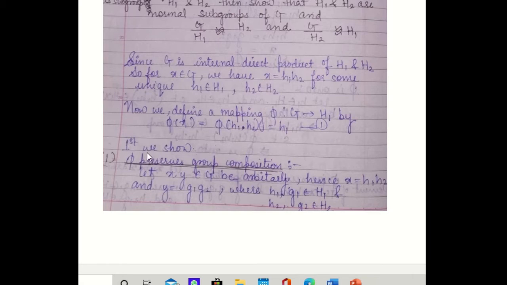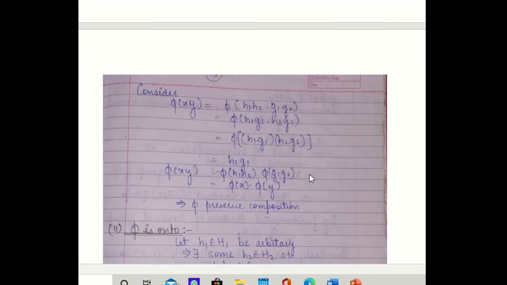So firstly, we show phi preserves group composition. For that, let x and y be any two arbitrary elements of G. So that implies x equal to h1 h2, and y equal to g1 g2, where h1, g1 belong to capital H1 and h2, g2 belong to capital H2. So now consider phi of xy, which will be phi of h1 h2 g1 g2.